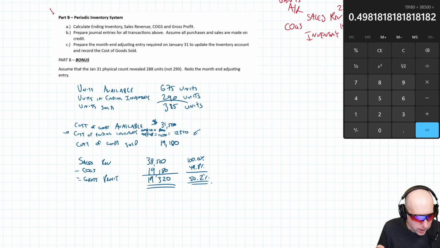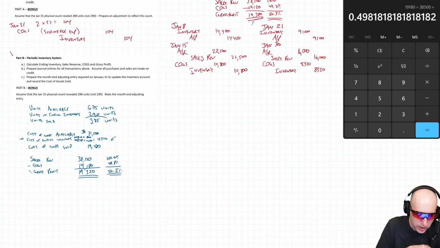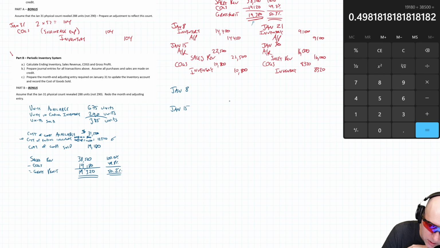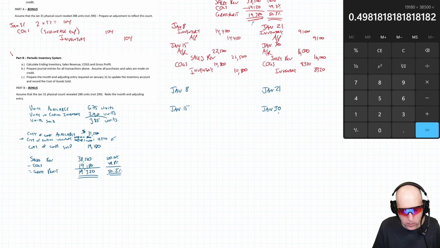Okay. Part B says do journal entries, and the journal entries for periodic, pretty straightforward. We'll use all the same dates. So January 8th, January 15th, January 21st, and January 30th. Now, with periodic, we don't touch inventory with these entries.